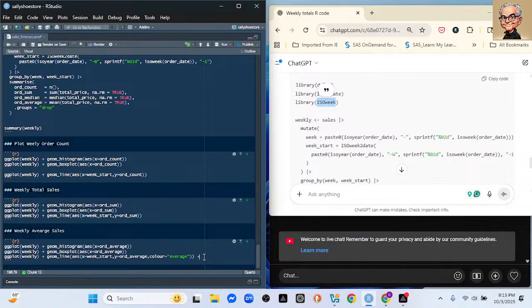Let's just plot the median along with the average.